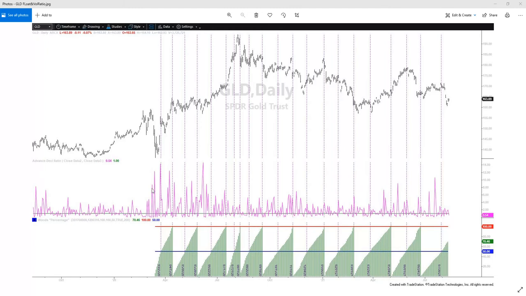And when the indicator is moving down, declining volume is increasing over advancing volume. The black horizontal line in the indicator is 1. That's the point where advancing and declining volume is equal. When it's below that line, declining volume is greater than advancing volume.